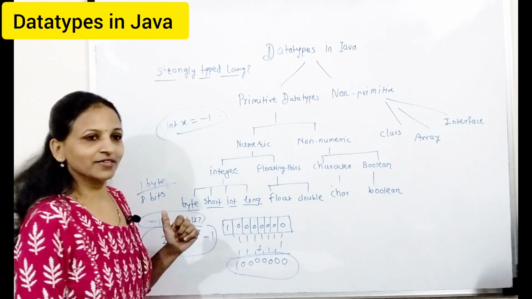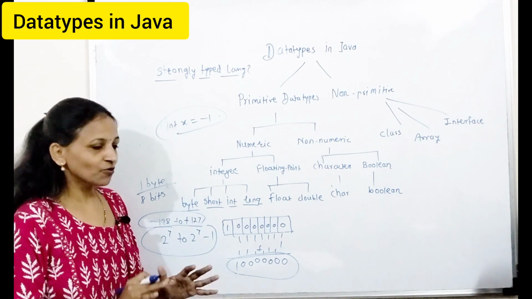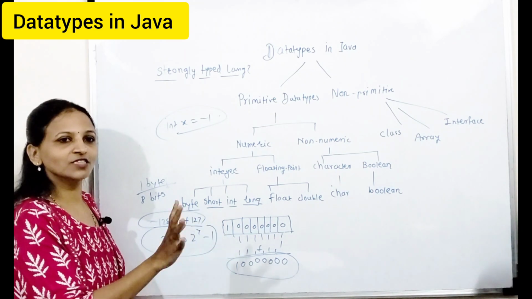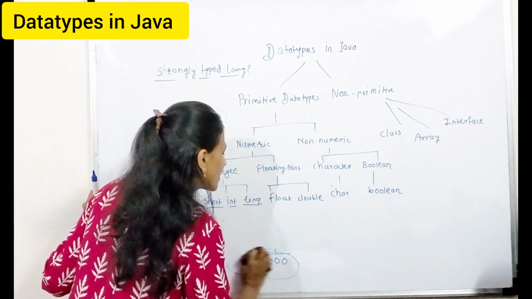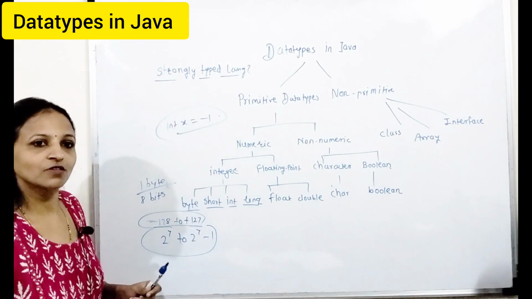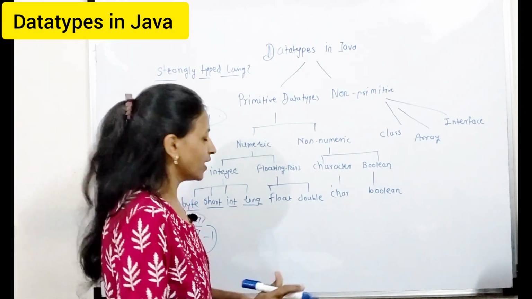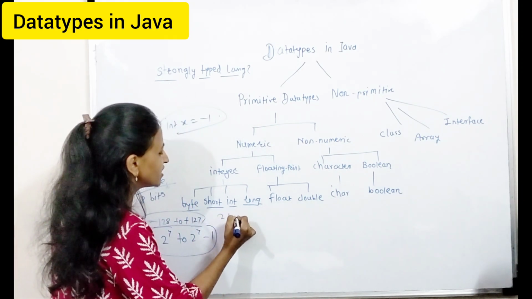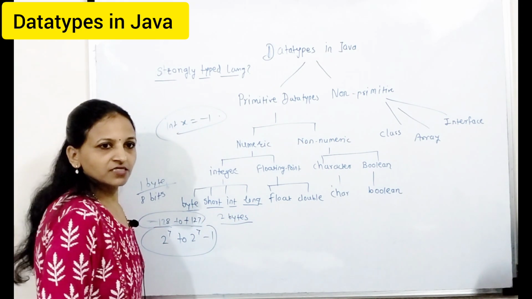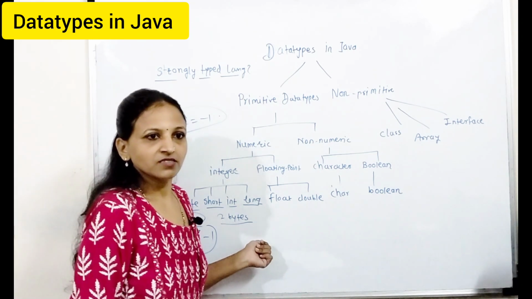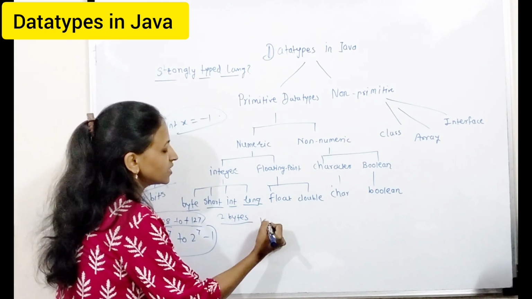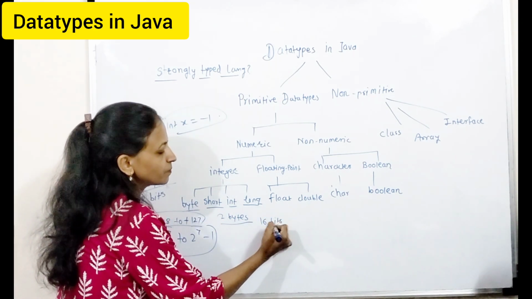Now this is byte. Now in case of short, you have an idea about how these numbers are stored. According to size, you can now find out the range. For short, 2 bytes will be assigned by Java. Now see, 2 bytes means 16 bits.